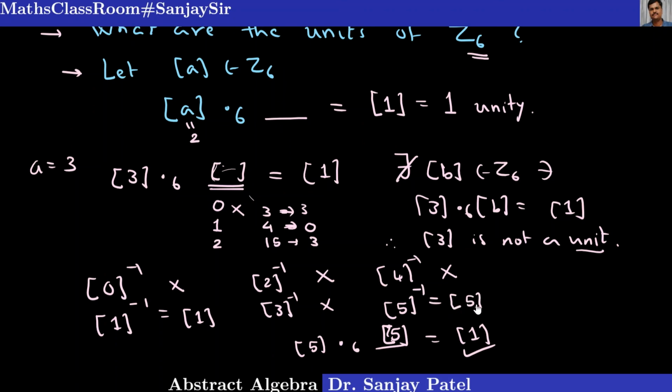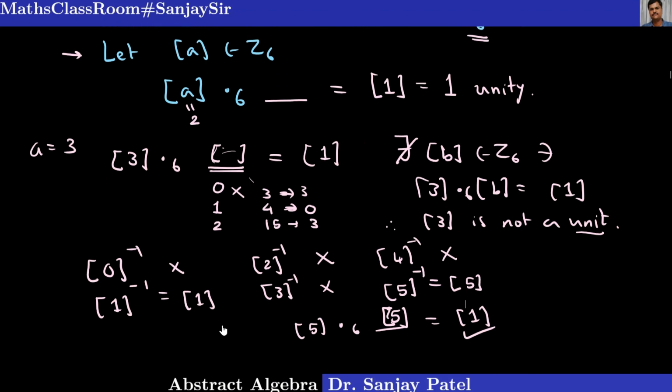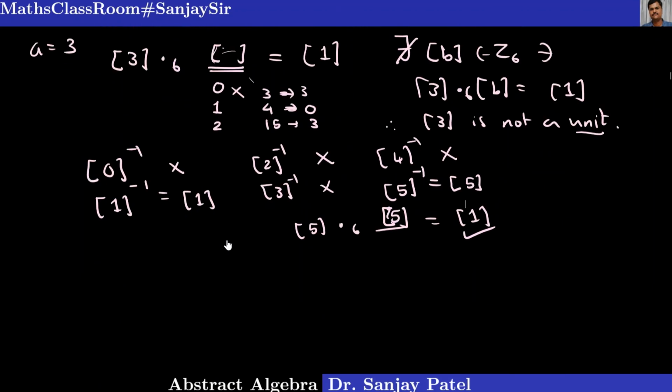So in this ring, only these two elements, namely the unity element and the element class 5, have a multiplicative inverse.